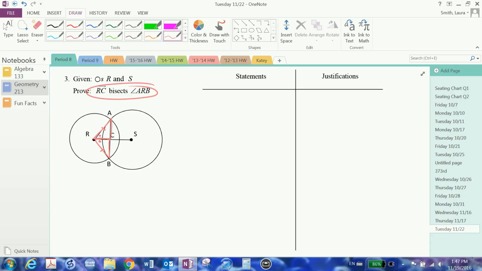That is that in circle S, we don't have any radii drawn, but if we did, they would be congruent. So instead of looking at these triangles, you might be looking at these triangles. What do you think? We have a plan. Okay.